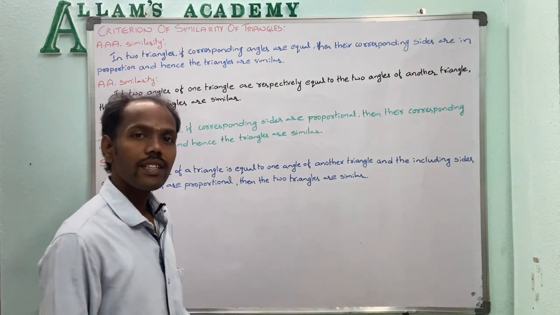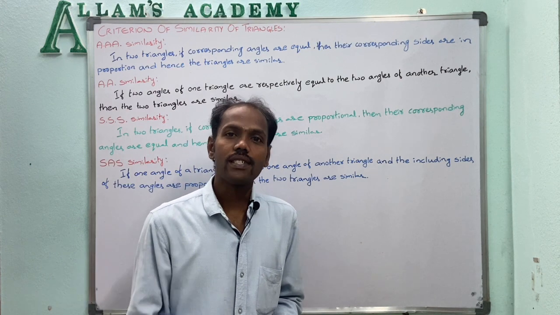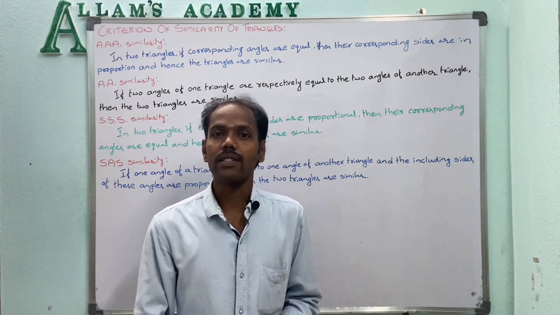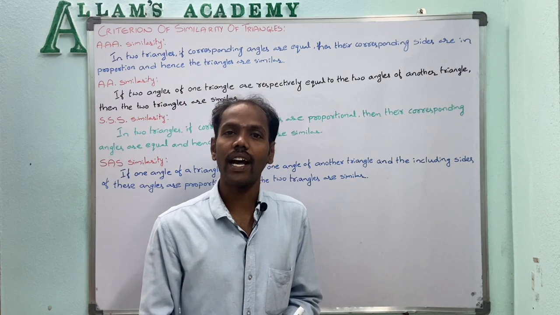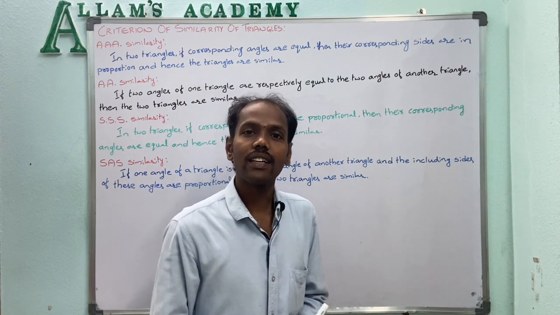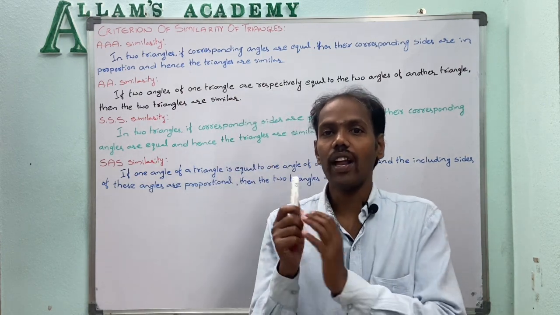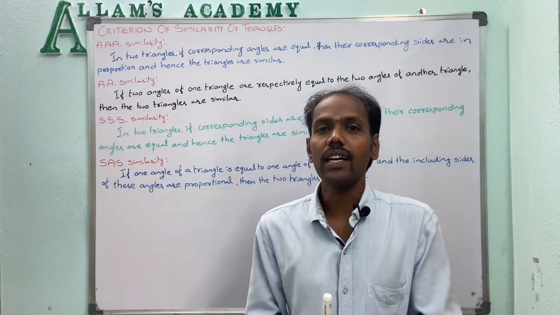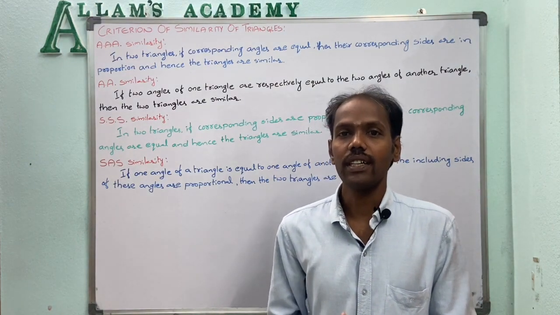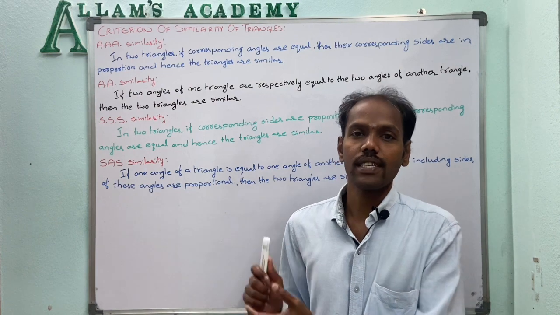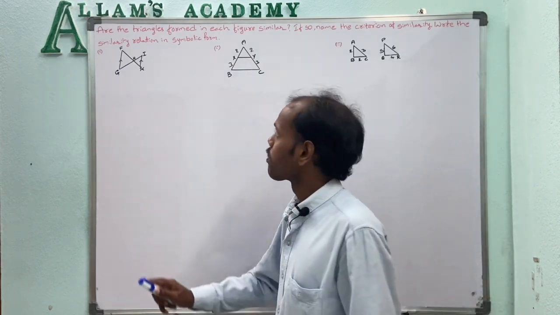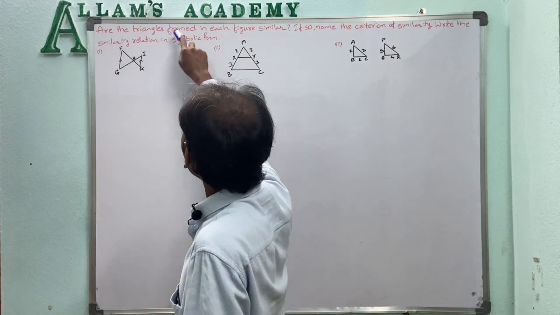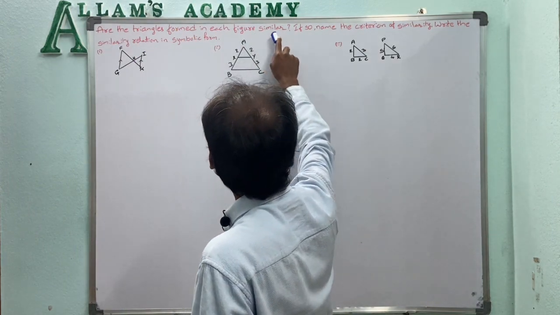By using these similarities we solve some problems: if two triangles are given, whether they are similar or not, or if some values are given in the two triangles, we find the remaining values. Now we see that. Here the problem given: are the triangles formed in each figure similar?